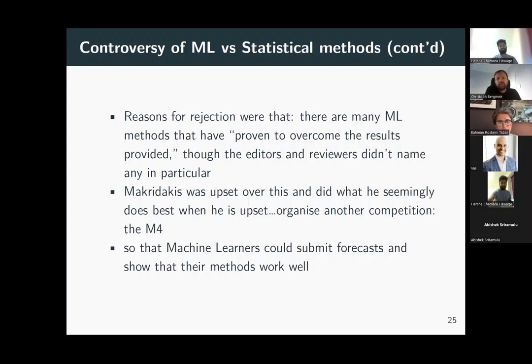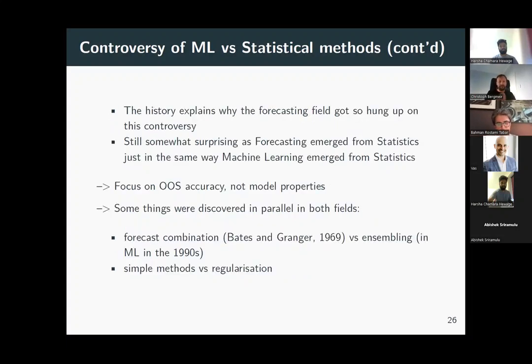So the idea of the M4 was obviously that machine learners can submit their forecasts that show their methods work well, and we settle this kind of question, right?